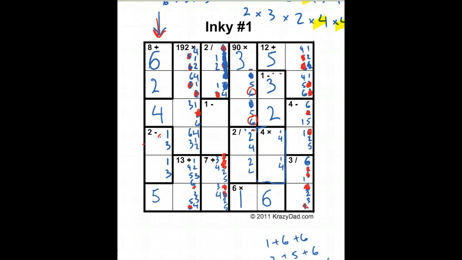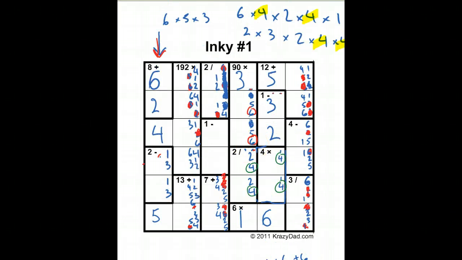Let me show you a fairly advanced trick right now. You might not have to use this, but it's a pretty cool trick, so I'm going to show it to you anyway. We're going to focus on these 4s over here. I know that a 4 has to go here in this cage and in this cage over here.